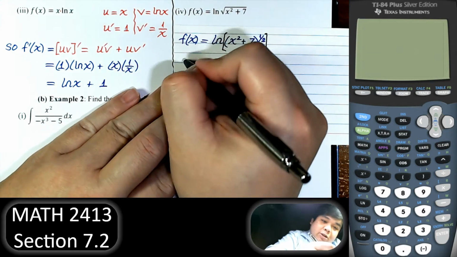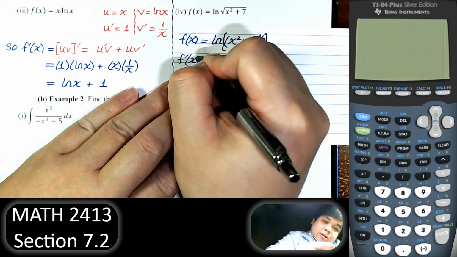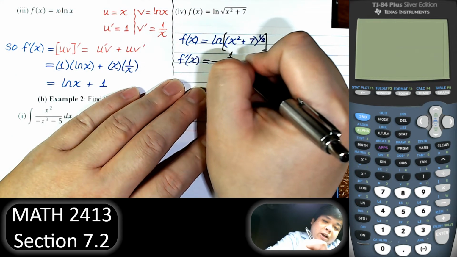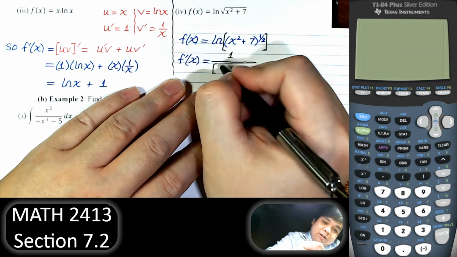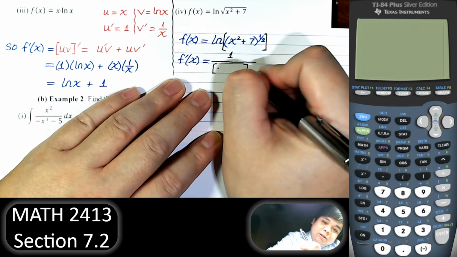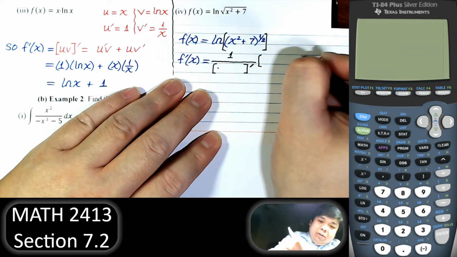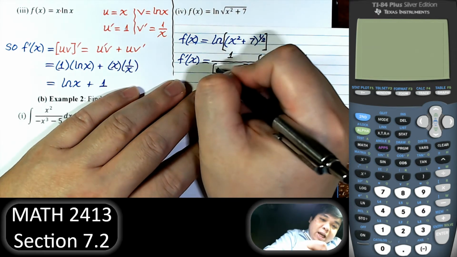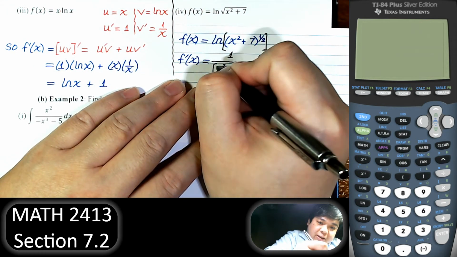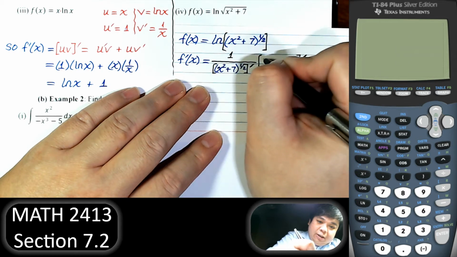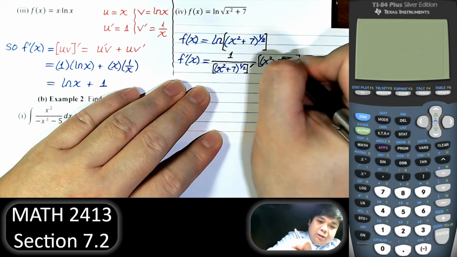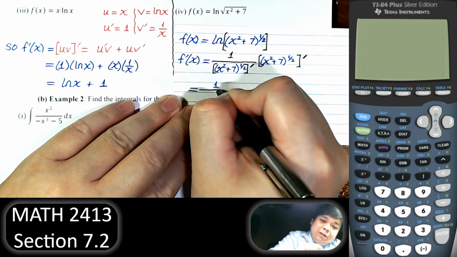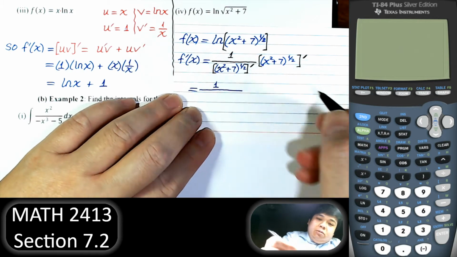And the derivative, of course, is the reciprocal function, 1 over the bracket, and then the derivative of the bracket. Oh, sorry, there's no derivative here yet.